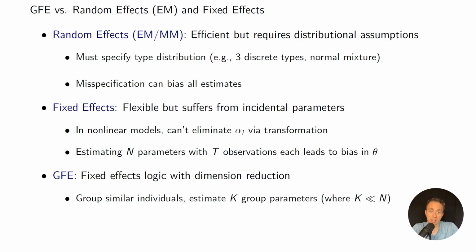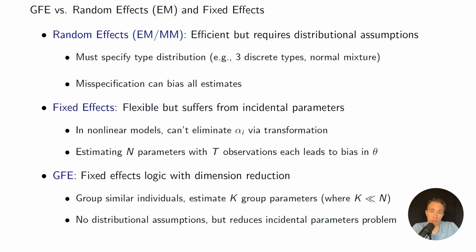So that fixes the incidental parameters problem. And there's also no distributional assumptions that we're imposing. And so we kind of get the best of both of these. The only downside is that we have a continuous unobserved heterogeneity distribution that we're having to treat as discrete.